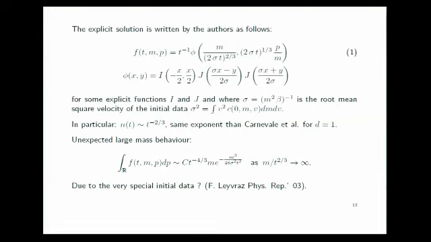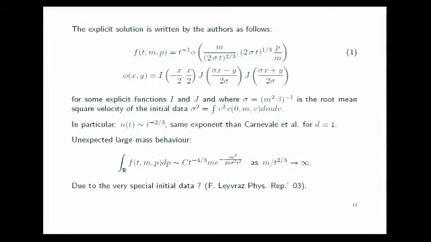So, in particular, in 1D, the density of particles decreases like t to the minus 2/3, which is exactly the power predicted by Carnevale et al. for d equal to 1. Something strange about that solution is that when you fix t and you let the mass go to infinity, the behavior of the total mass is rather strange.